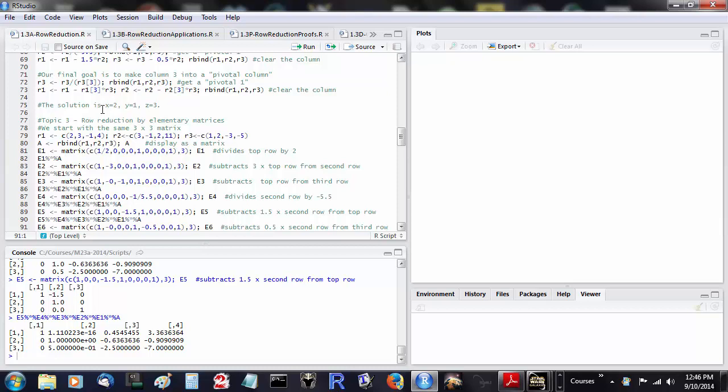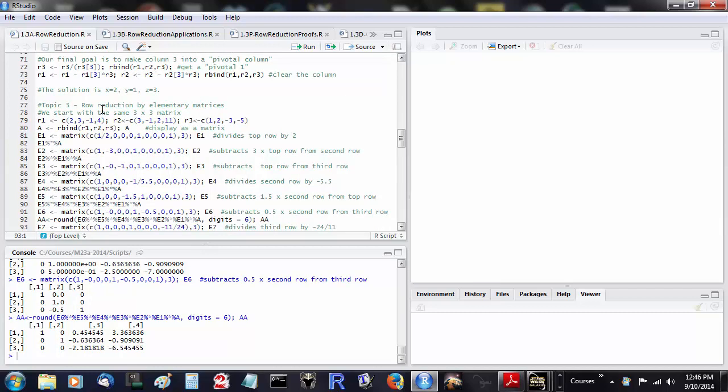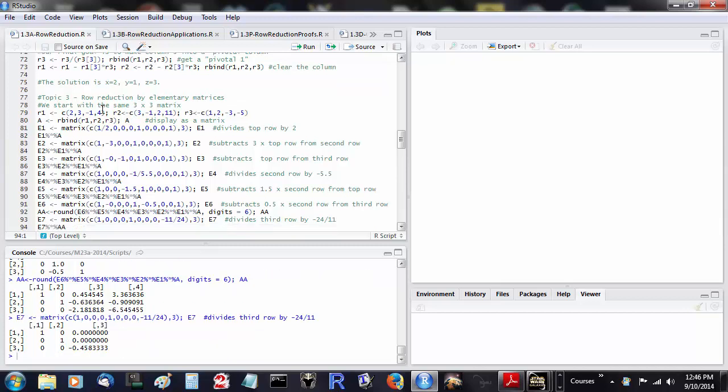At this point, the arithmetic is getting messy, and in the next step, I finally get back to numbers that don't have lots and lots of decimal places in them. And at this point, I have successfully, by multiplying in succession by 6, count 'em, elementary matrices, succeeded in almost completing the row reduction. I have now got 2 complete pivotal columns.